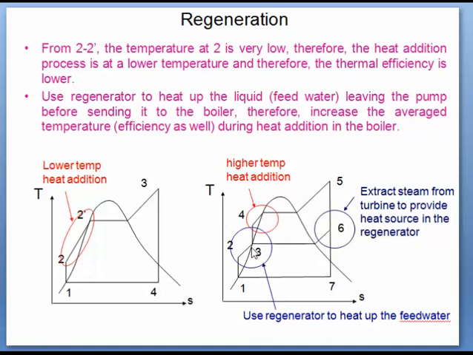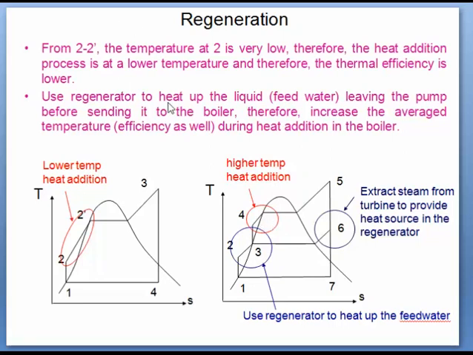Now at point 3 the feed water is taken by the boiler feed pump and passes through the HP heater, where again it is sensibly heated. So you can see that this total process is increasing the mean temperature of heat addition, and this results in increased cycle efficiency.